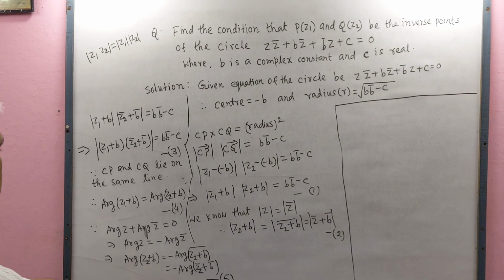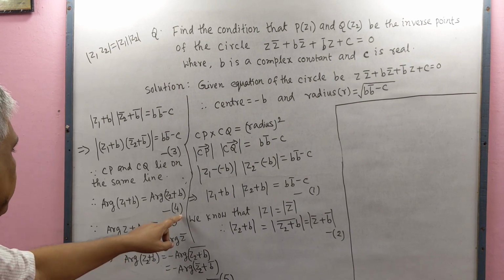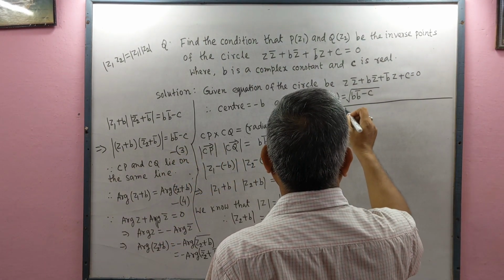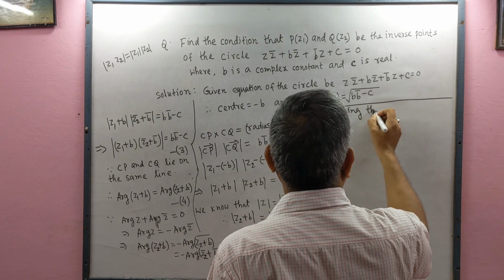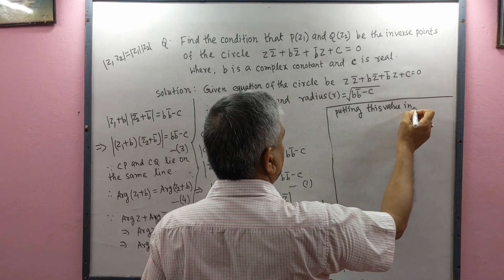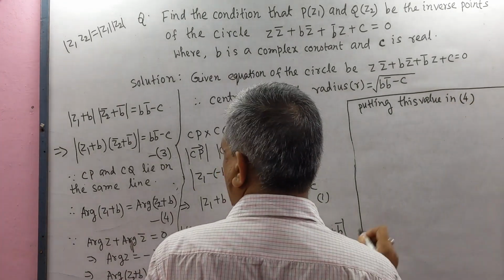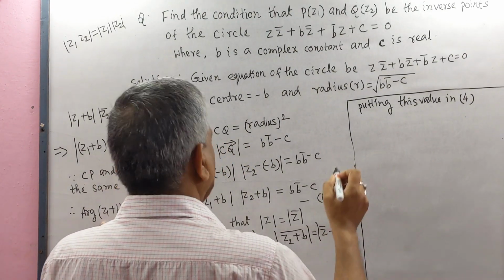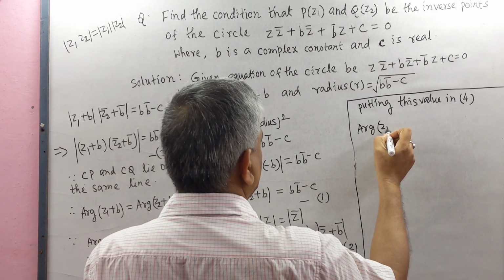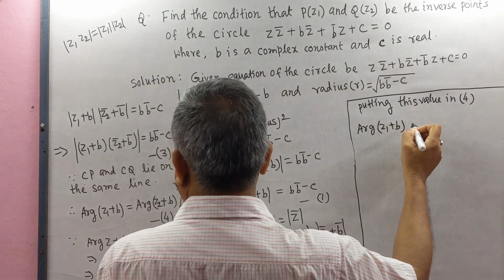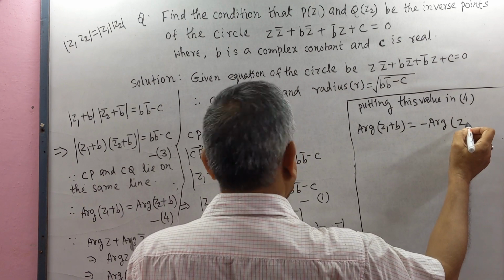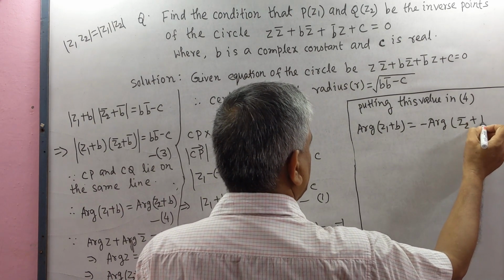Putting this value in 4, argument Z1 plus B equals minus argument Z2 bar plus B bar.